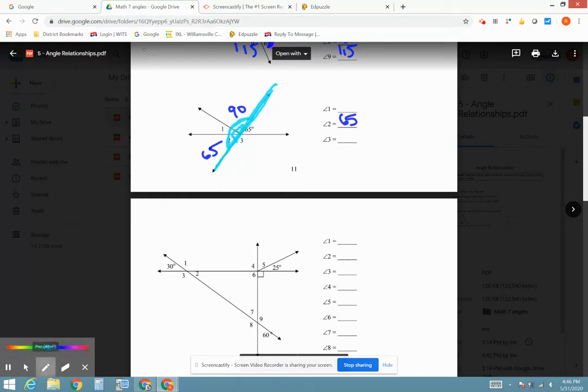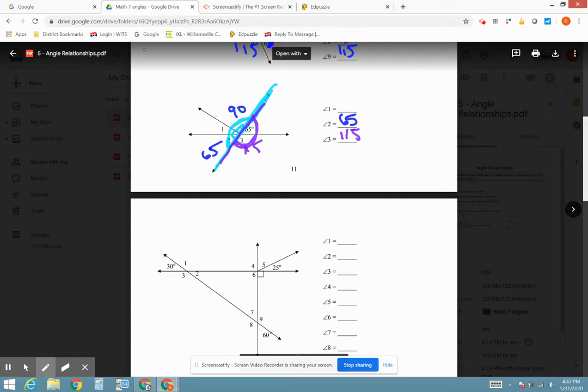These two angles underneath, this angle marked 3 and this angle marked 65, those are also supplementary because they make up this line on the bottom side. So if one angle is 65, that leaves 115 for angle 3.